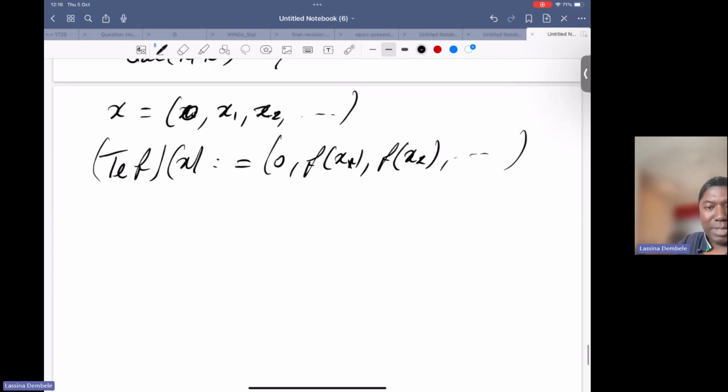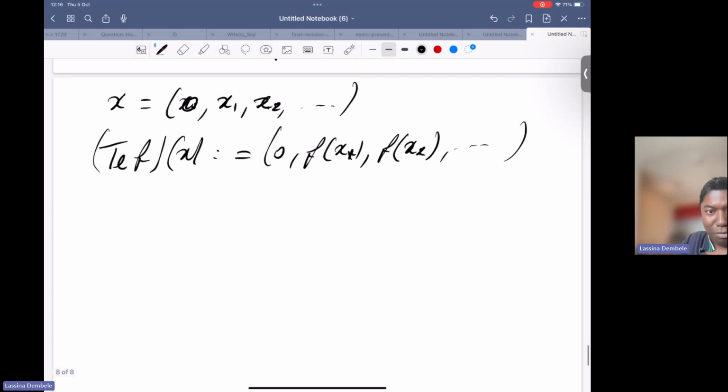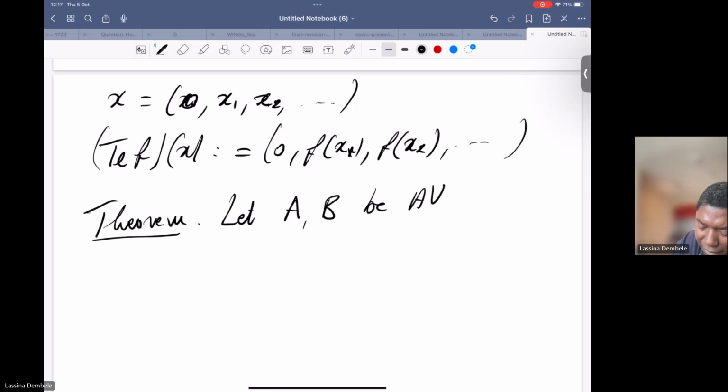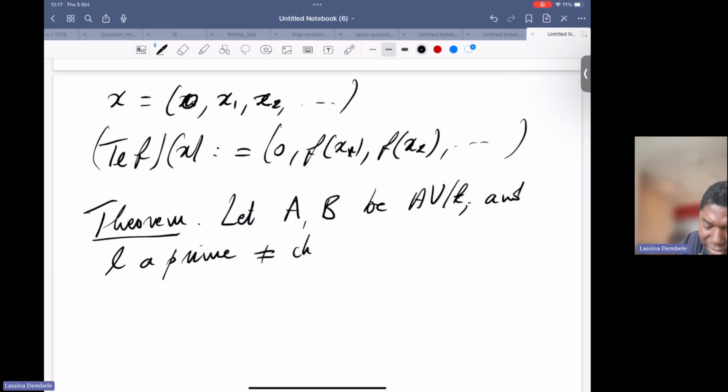So an important theorem that we are going to need is the following. Let A be an abelian variety and L a prime which is different from the characteristic of the base field.